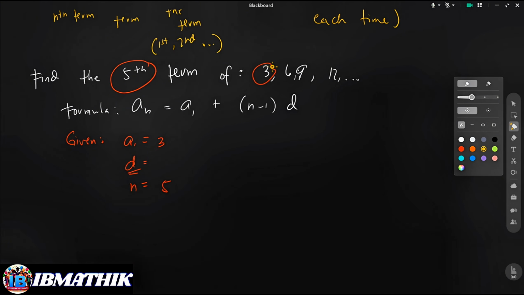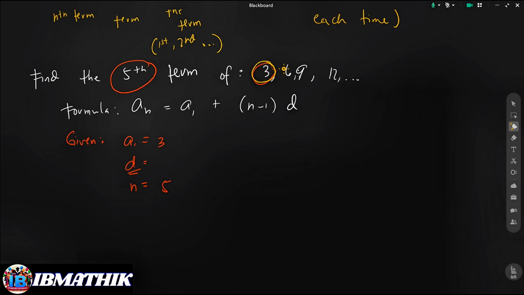So our n is equal to 5. What about the d? What is the pattern? As you can see here, we have 3 and it becomes 6. So this is plus 3 and then it keeps on adding 3. With that in mind, that will be our common difference, which we have 3.